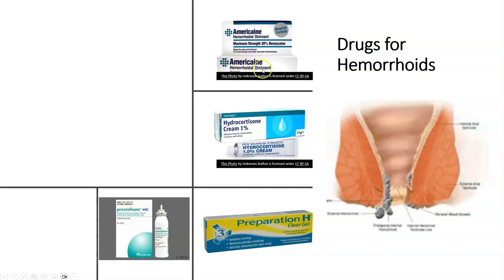Americaine. This is an ointment, but it ends in caine. That is a local anesthetic. It's benzocaine. So like benzocaine, tetracaine, lidocaine, those are anesthetics. Those can be very beneficial. We have Anusol, which is a suppository. This is going to be a steroid.